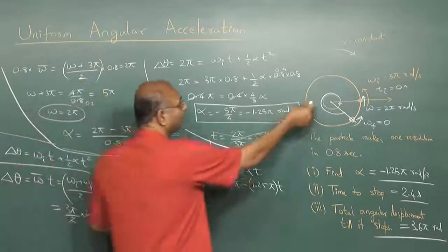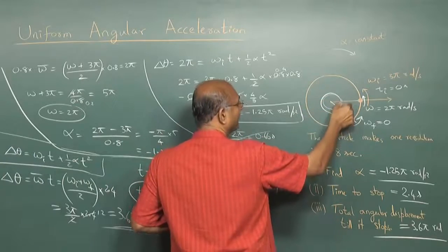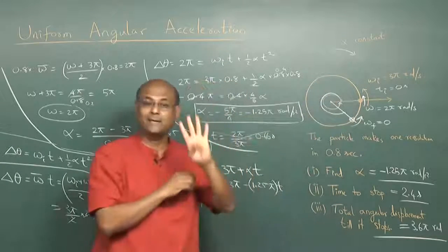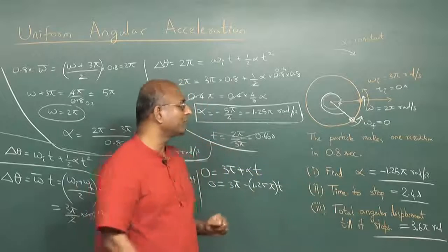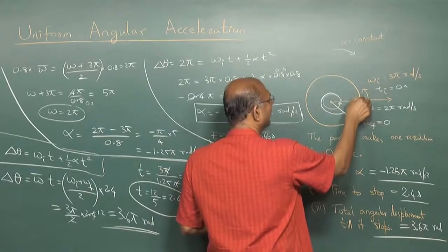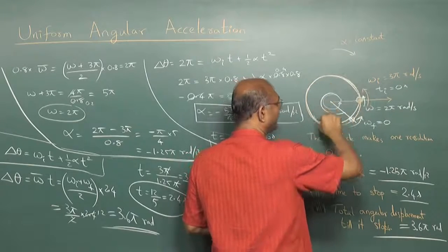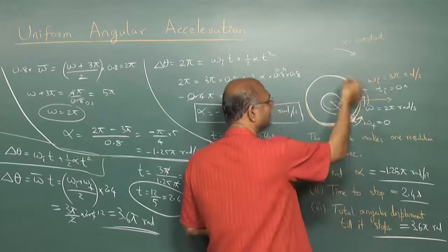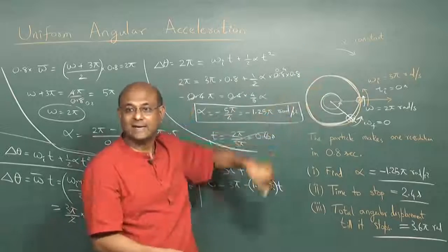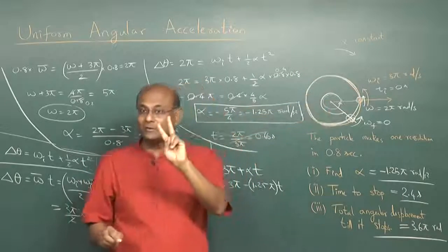Now if it had gone one full round, it will be 2 pi. If it had gone 2 rounds, it will be 4 pi. This is slightly less than 4 pi. So what do you think the object did? It started here, it went one trip, then it went one more trip and then stopped here, right? Before it reached the second round here. So did it complete 2 revolutions?